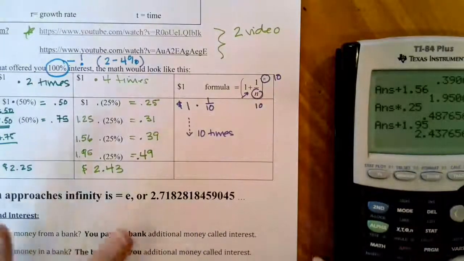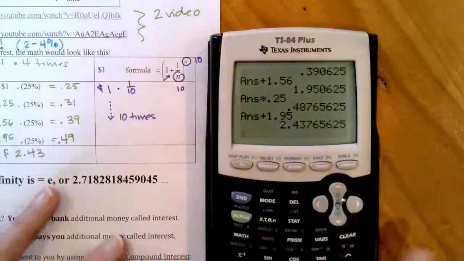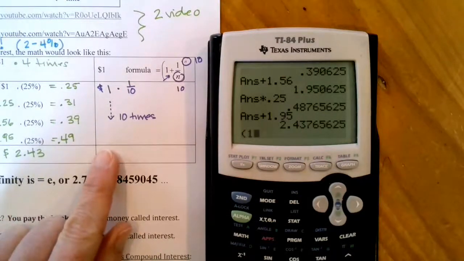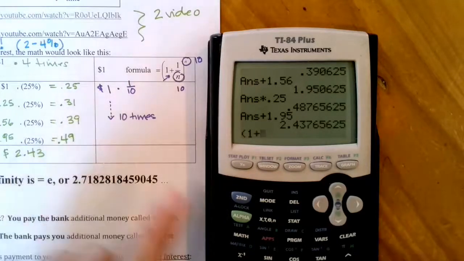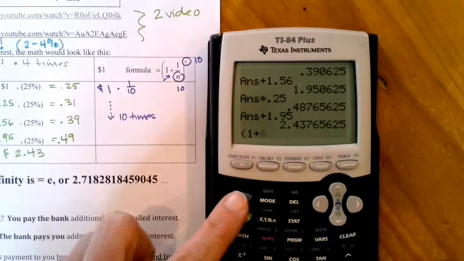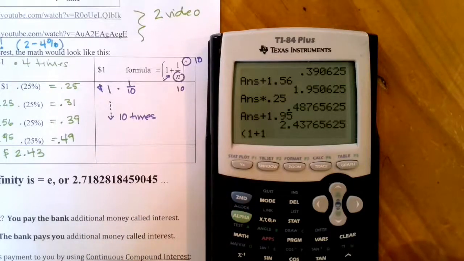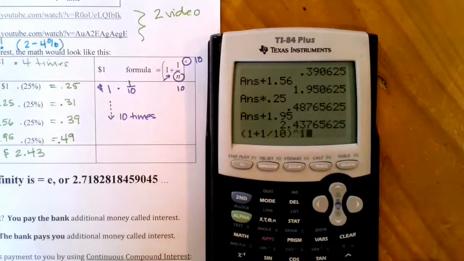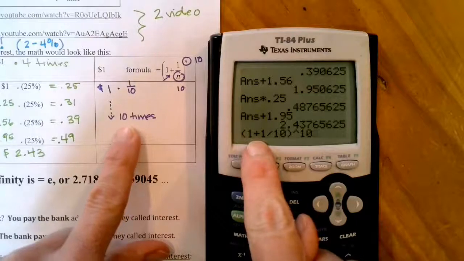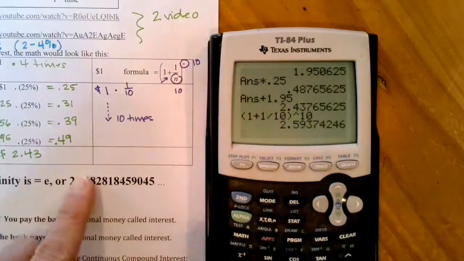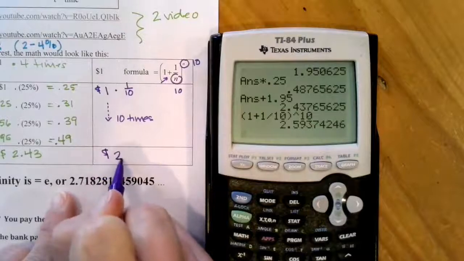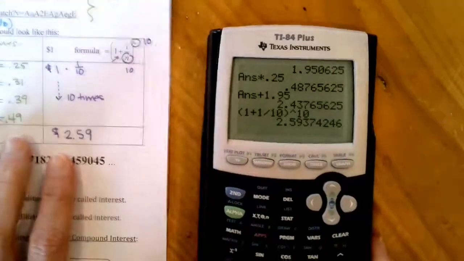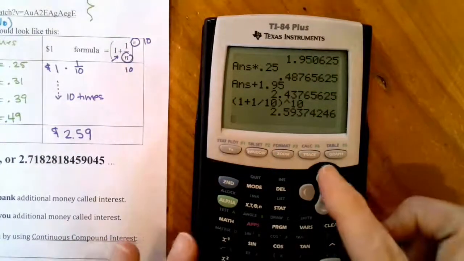So when I go ahead, and I want you to check out my calculator here, I say, okay, we're going to have my $1 plus that 1/10. So we'll go ahead and say 1 divide by 10, and then we're going to do that 10 times. That means I'm going to do that calculation 10 times. Check it out. Now I'm going to have a total of 2.59.